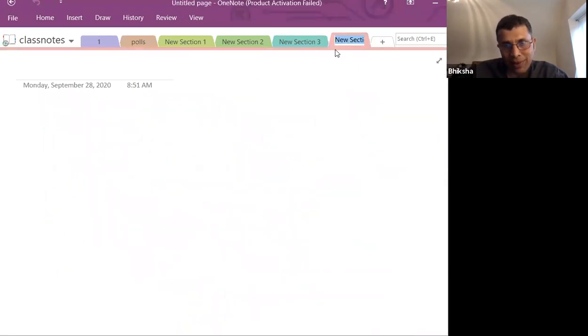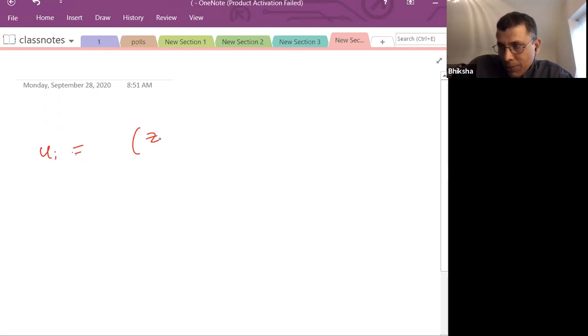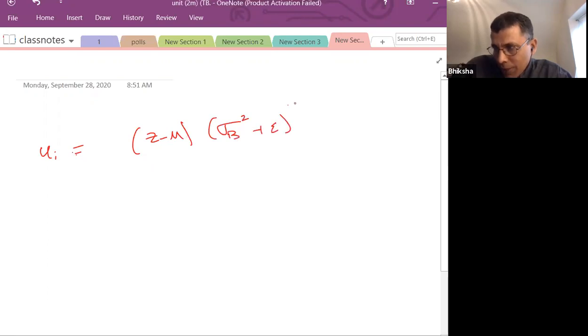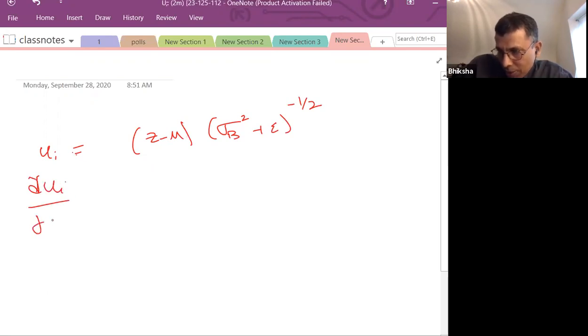I have ui equals z minus mu times sigma squared plus epsilon raised to minus half. So what is the derivative of ui with respect to sigma b squared from this formula?